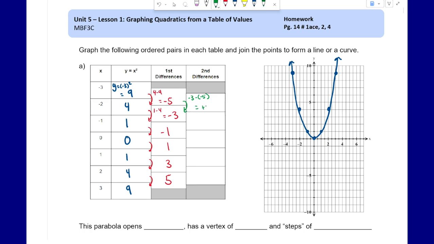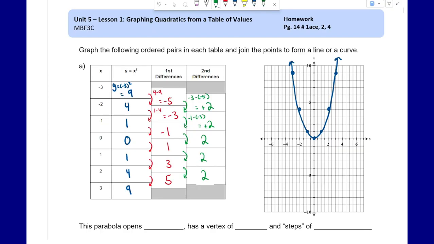In this case, we're increasing, or +2. From -1 minus -3, that becomes +2, or it's an increase of 2. From -1 to 1 is also an increase of 2. From 1 to 3 is an increase of 2. And from 3 to 5 is an increase of 2.